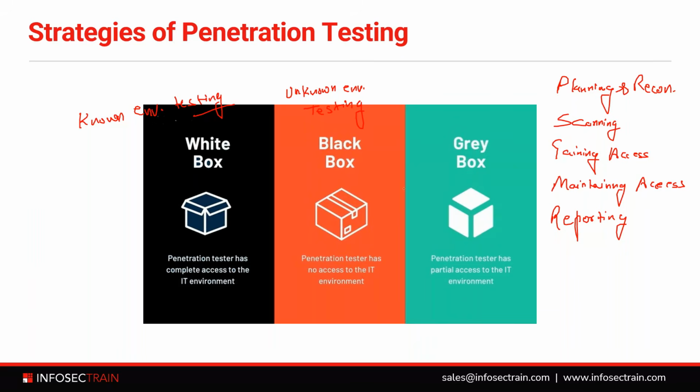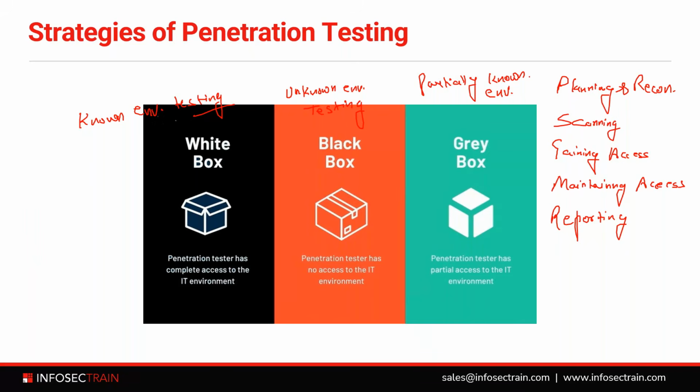Then the last one we have is gray box pen testing. Gray box means partially known environment. So you don't have 100% idea about the organization, but you are a semi-privileged user of the organization. Once you are a semi-privileged user, you have to perform reconnaissance partially.